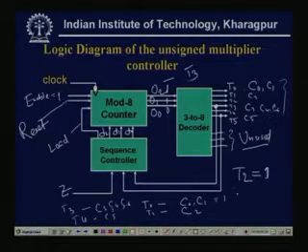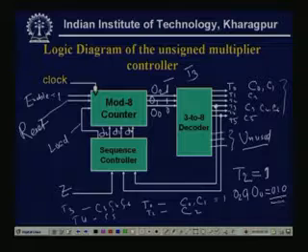Therefore, the SC generates L equal to 1, the load value equal to 1, and O2, O1, O0 equal to 0, 1, 0, it has to generate.